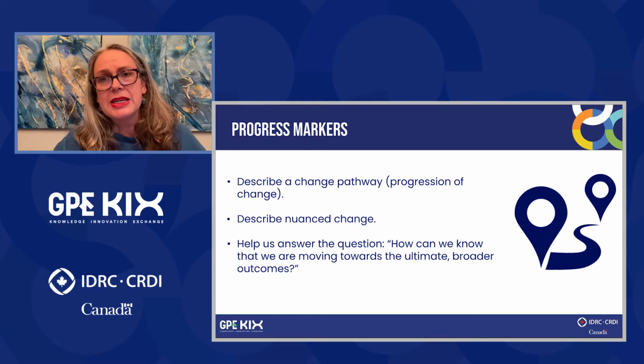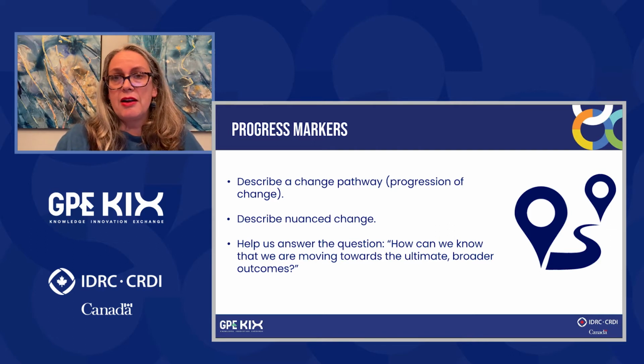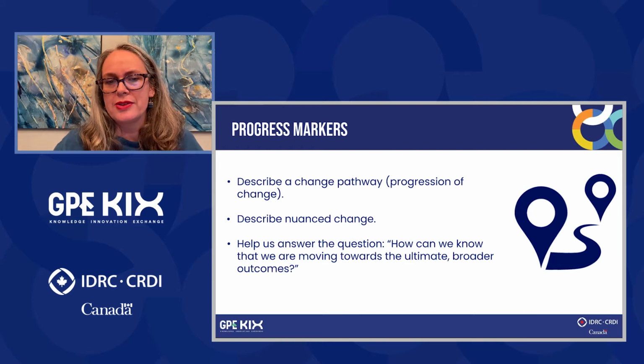So not big snapshots in time of big significant changes, but those smaller changes that really make up the steps of a pathway and that are important to track, to see what direction we're going in and if we're going in the direction that we had hoped. The progress markers can help us to answer this question: how can we know that we are moving towards the ultimate broader outcomes?